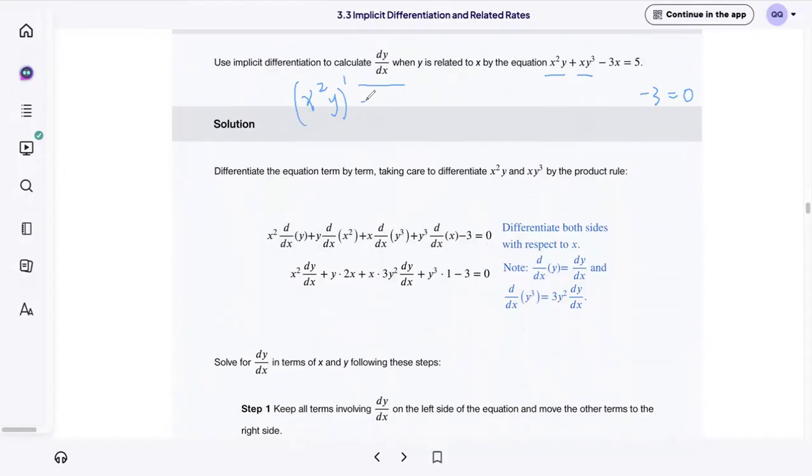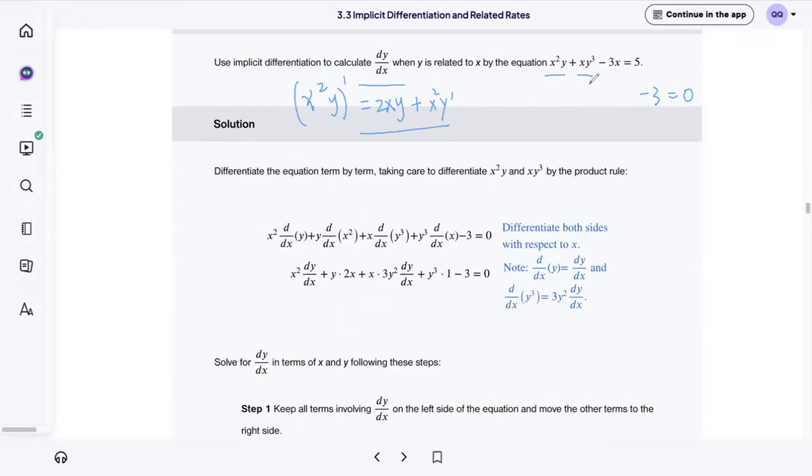That's my shorthand for differentiation. So differentiate x squared, I have 2x multiplied by y, then plus differentiate y, which is 1, y prime, then multiply by x squared, right? That's this term.